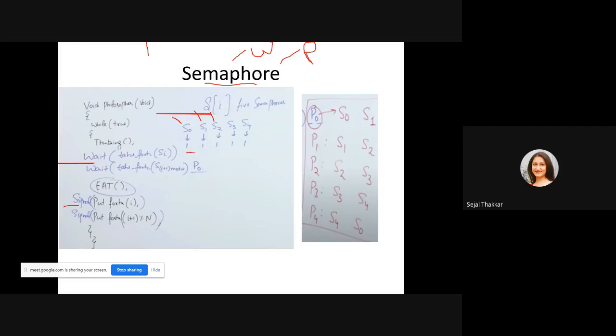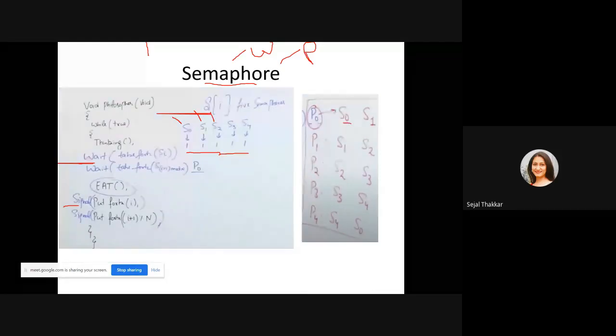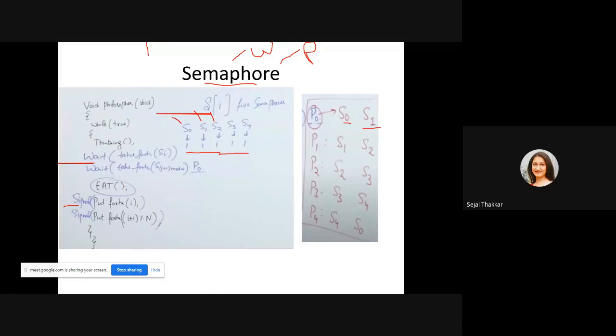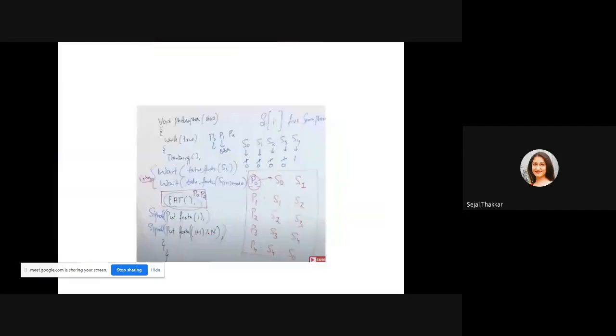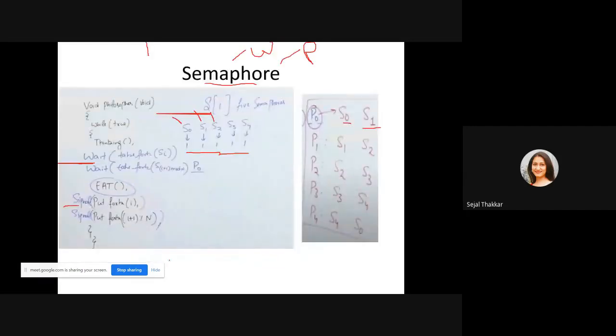Initially all the semaphore values are equal to 1. Now when P0 comes, P0 needs the semaphores S0 and S1 to lock for eating the spaghetti or the available rice on the table. So whenever P0 enters, it requires the values of S0 and S1.